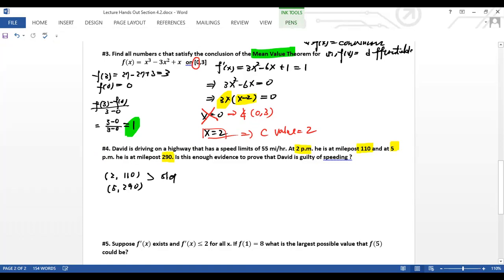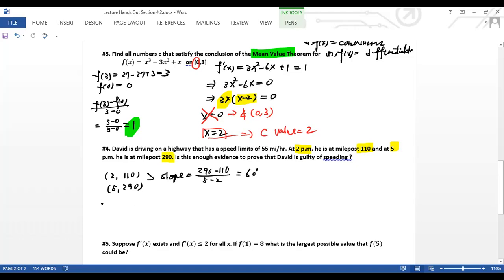The slope of this will be 290 minus 110 over 5 minus 2, which gives me 60.